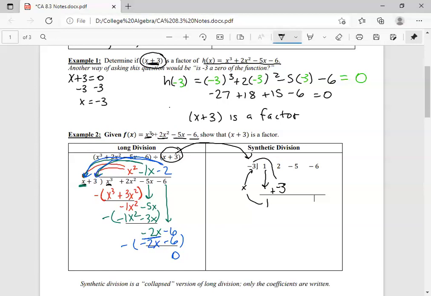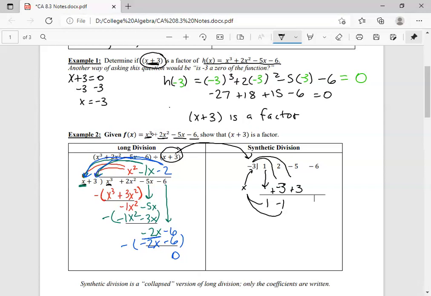So 2 and negative 3 is negative 1. You're going to take that negative 1 and multiply it by the negative 3. Negative 1 times negative 3 is positive 3. You're going to take that positive 3 and write it right here.